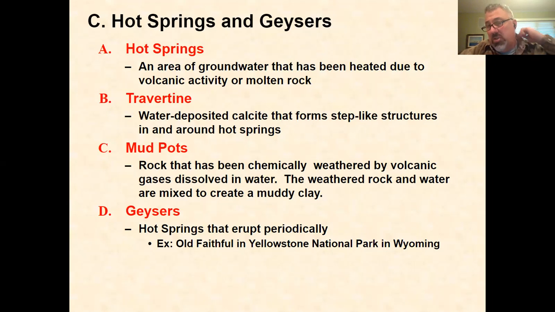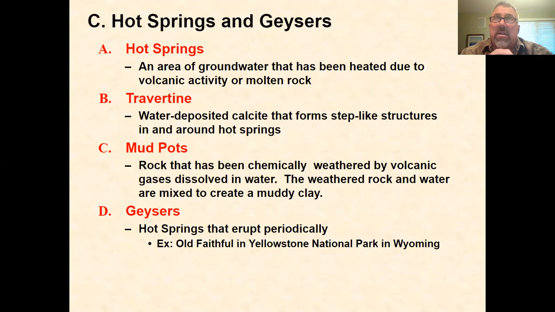So in a geyser situation, we have an area that is open, and it's open due to dissolving of the rock or whatever, but it's filled with this calcite all around the edge of it, this evaporated material. And so what happens is you create a seal all the way around it.